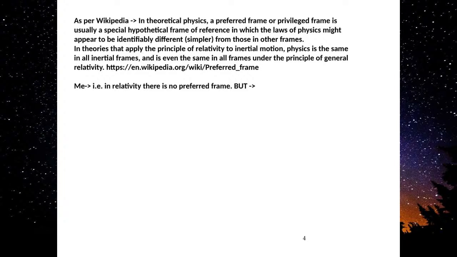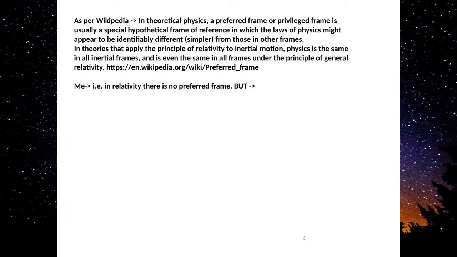And I've had the video to explain to you what frames are. In theories that apply the principle of relativity to inertial motion, physics is the same in all inertial frames and is even the same in all frames under the principle of general relativity. And i.e., my comment is, in relativity, there is no preferred frame.